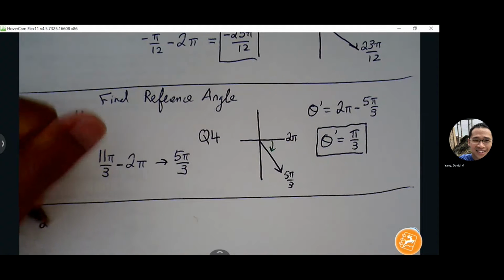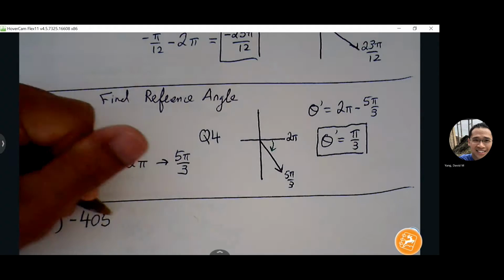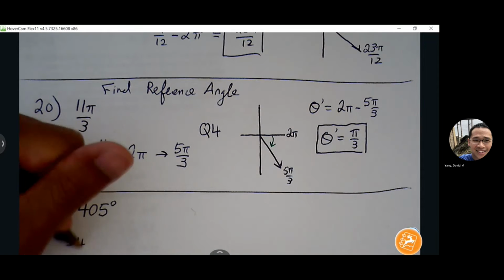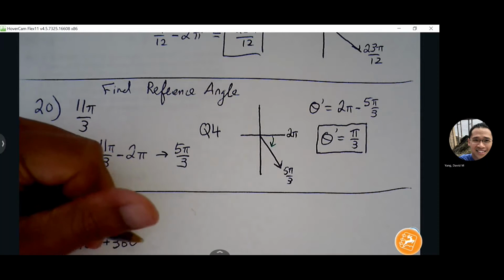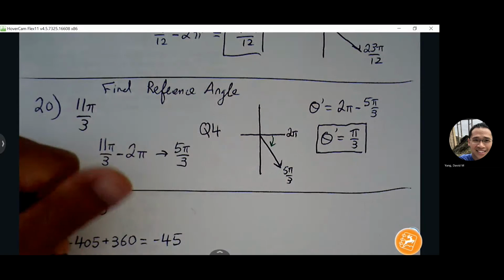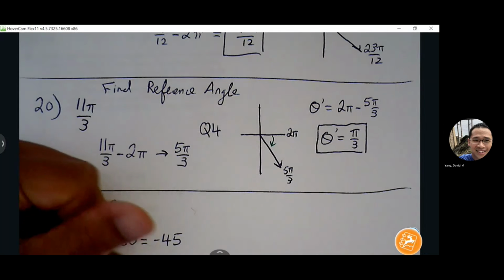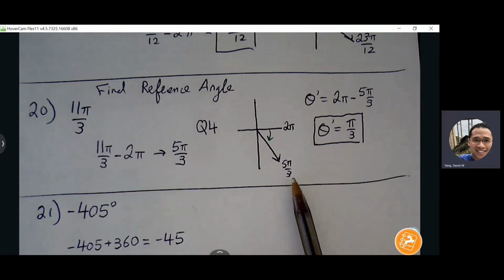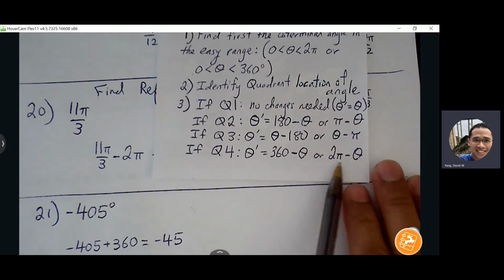Last one, 21. Because I want a reference angle, to get a reference angle I have to take whatever's in my fourth quadrant and subtract from 2 pi.